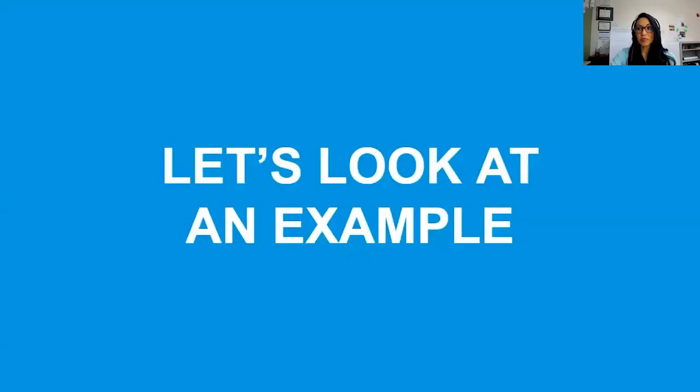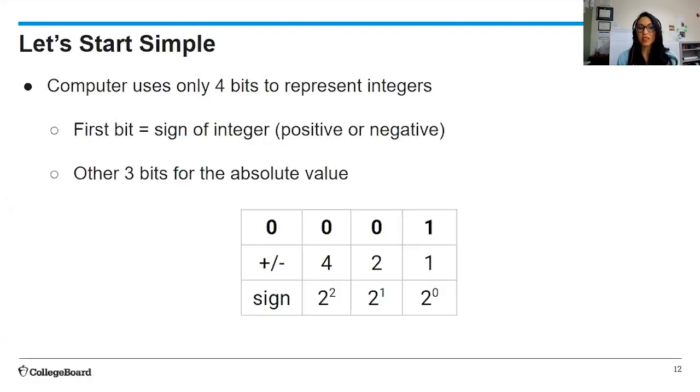Let's see an example. Computers represent all data with bits. So we know that ultimately, each of these numbers is a sequence of zeros and ones. So to start simple, let's imagine a computer that only uses 4 bits to represent integers. It can use the first bit in this first column to the left to represent the sign of the integer so that we know it's either a positive or a negative number, and the other 3 bits for the absolute value.